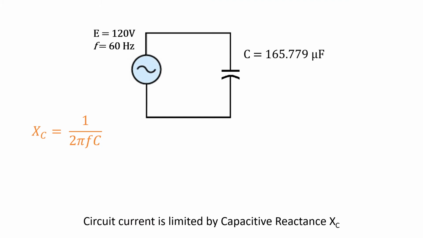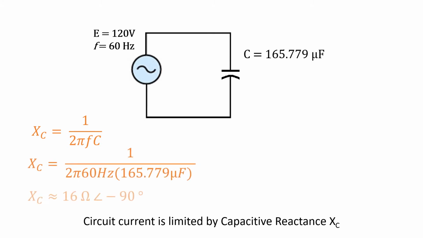So let's calculate out a capacitive reactance and a current. Here we have a 120 volt 60 hertz circuit with a 165.779 microfarad capacitor. When we put this into our capacitive reactance formula, we end up with approximately 16 ohms at minus 90 degrees. Don't forget to account for the prefix of micros, where a micro is 10 to the minus 6.